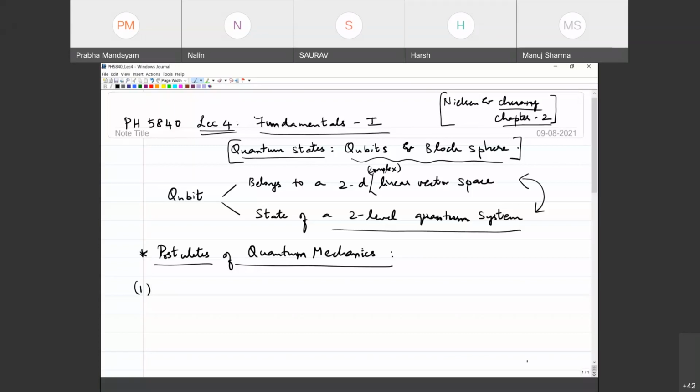So typically, okay, this is a brief spiel for those of you who haven't seen a formal course in quantum mechanics. So let's just say classically, one typically describes the state of a system.